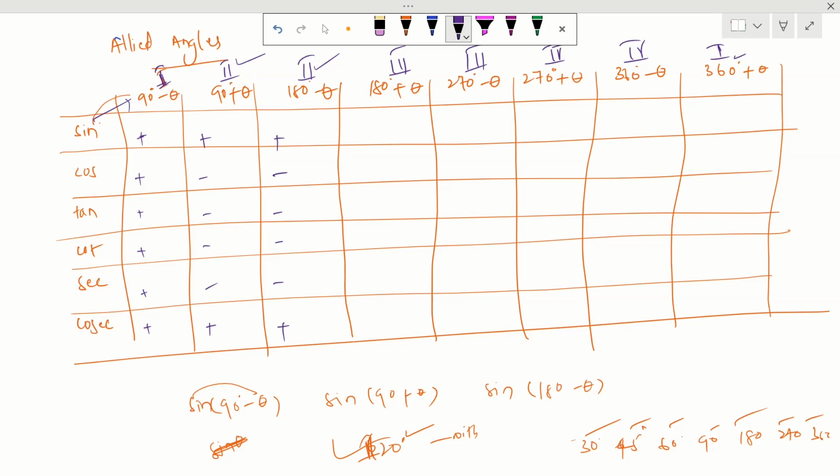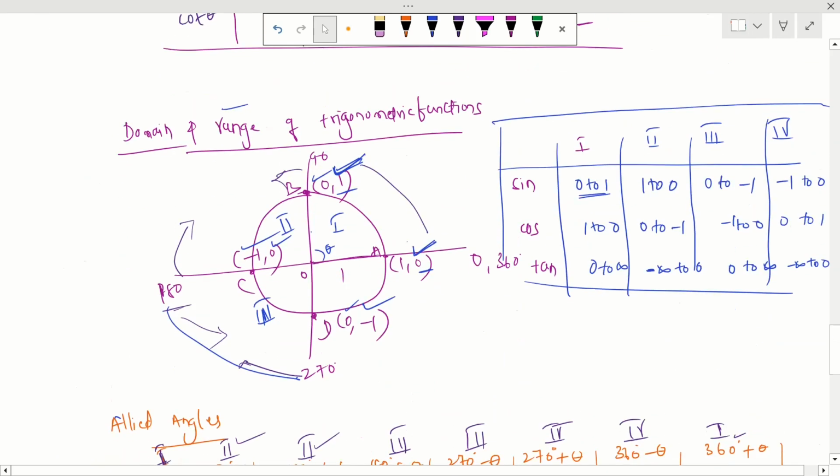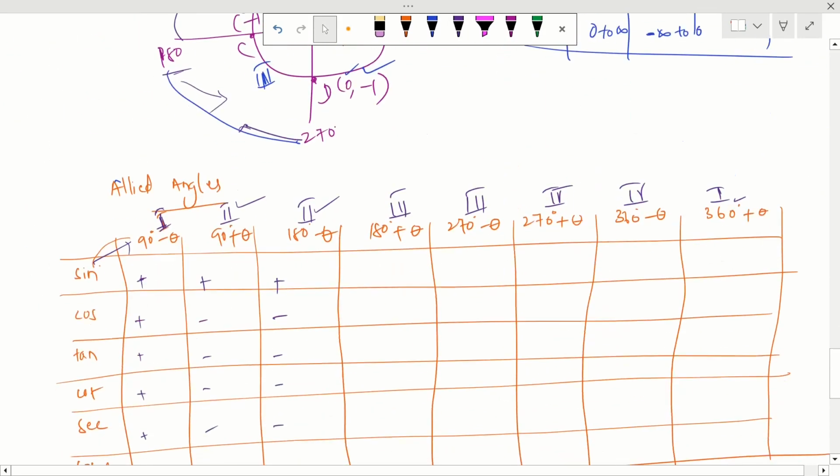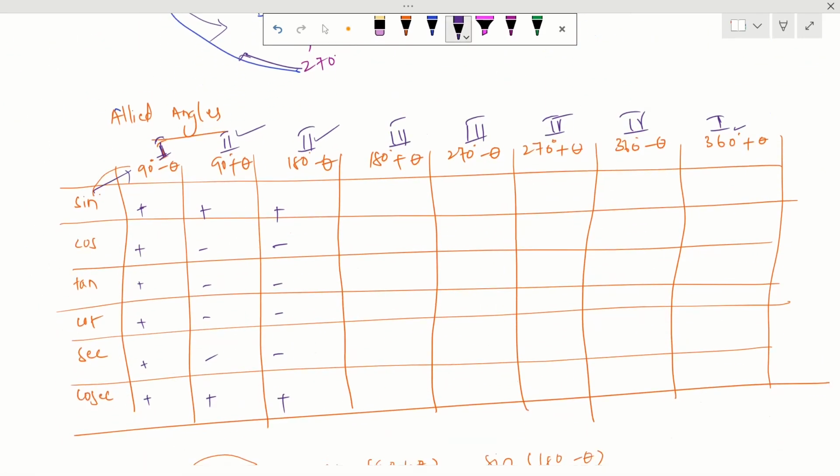Right. So 180 plus theta is the third quadrant. In the third quadrant, tan theta and cot theta are positive and the remaining are negative, because both axes are negative, and negative times negative is positive. So cot theta and tan theta are positive, remaining are negative. 180 plus theta is the third quadrant, 180 minus theta is the second quadrant.